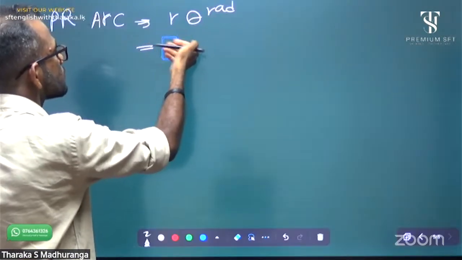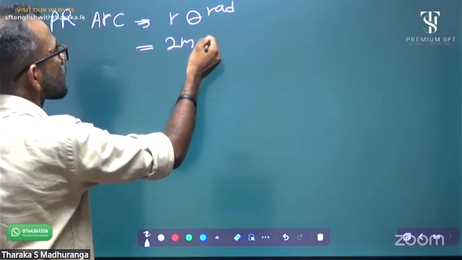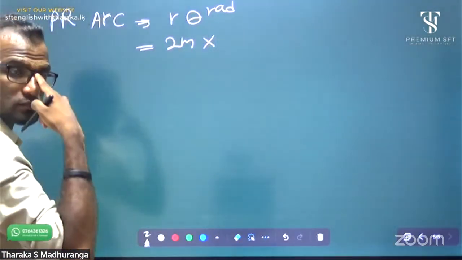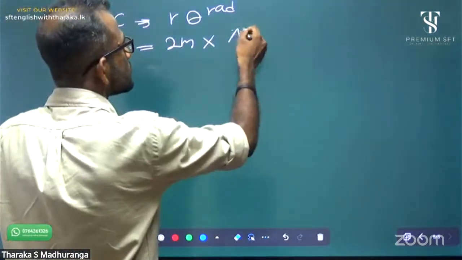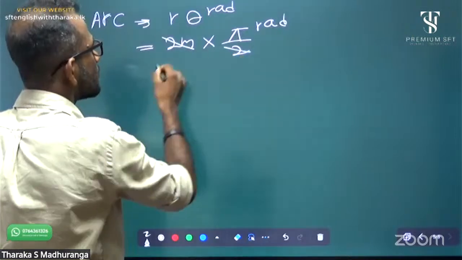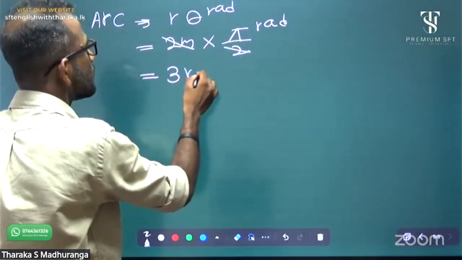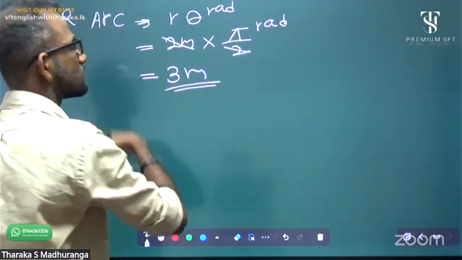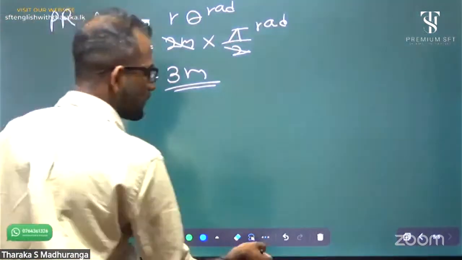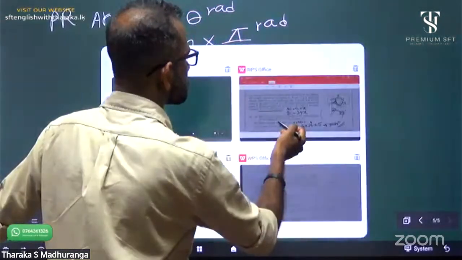Radius 2 meters. Theta for 90 degrees is pi over 2 radian. Now 2 and 2 cancel. Because pi equals 3, that one is also 3 meters.